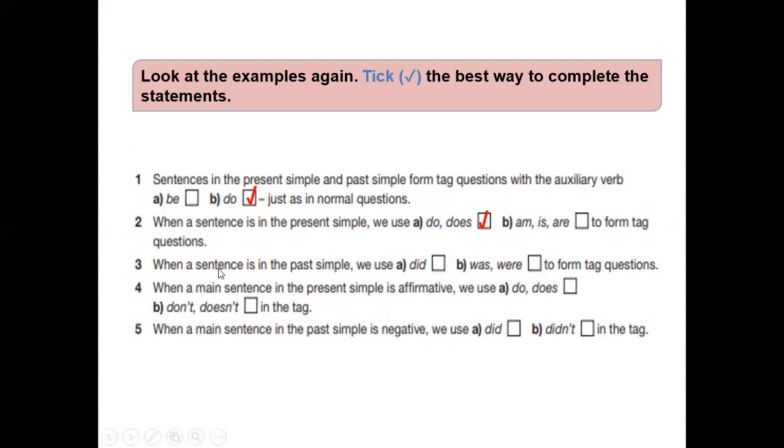Number 3, when the sentence is in the past simple شو حكينا؟ لما تكون ماضي we use did. Yes, ما بنستخدم was لا, we use did. Okay, number 4, when a main sentence in the present simple is affirmative, it is positive, we use negative don't or doesn't. Number 5, when a main sentence in the past simple is negative إشي طبيعي إننا بنعكس. Okay لما تكون positive بنعملها negative. لما تكون negative بنعملها did positive.